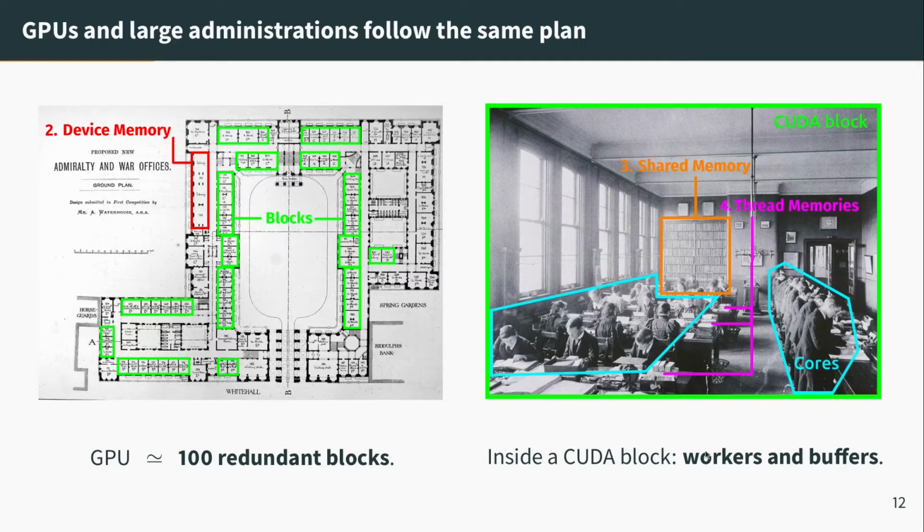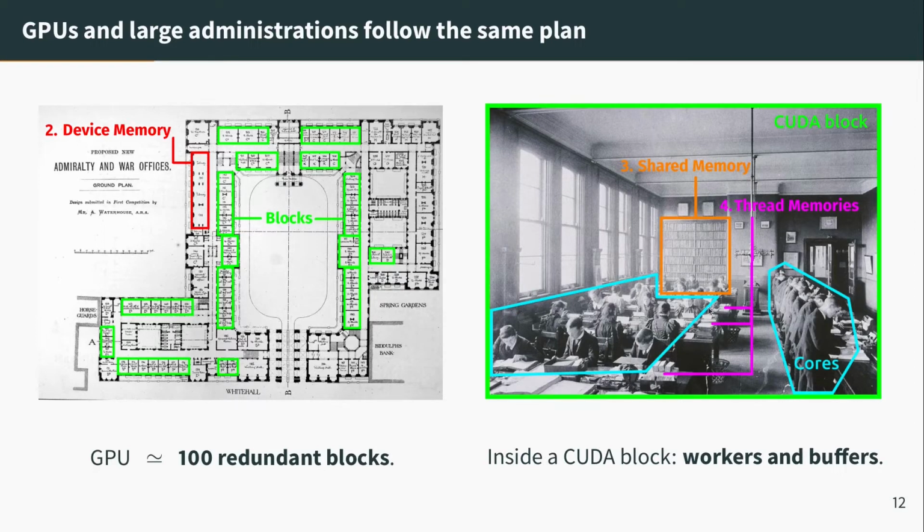Okay, so in CUDA, in the GPU world, basically the big library that is shared by the whole device is called the device memory or the device RAM. Okay, so when you say that, oh, my GPU has 16 gigabyte memory, you're talking about the size of this big library. And then you have, in reality, a bit more than that, but you have at least two intermediate memory buffers.